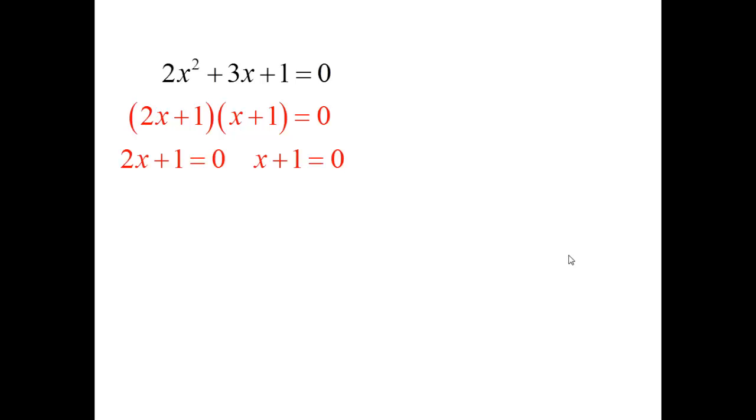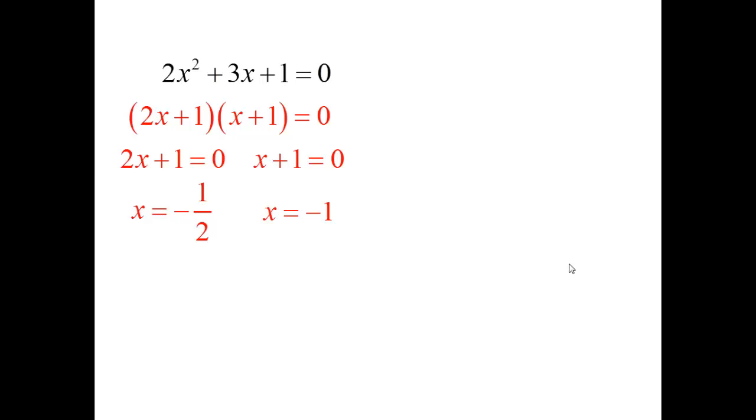So on this one, a trinomial would be factored into a double bubble, in this case 2x plus 1, x plus 1. Set each factor equal to 0, and then solve each factor separately. By starting with something complex, for example the quadratic trinomial, we could then simplify it to something not so complex, for example the linear binomials 2x plus 1 and x plus 1 that are easily solved.